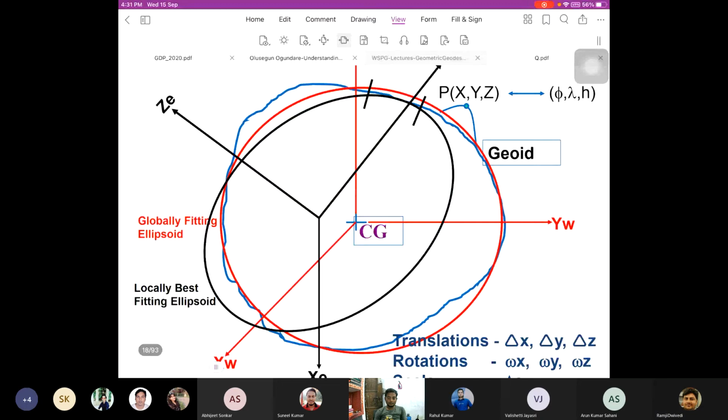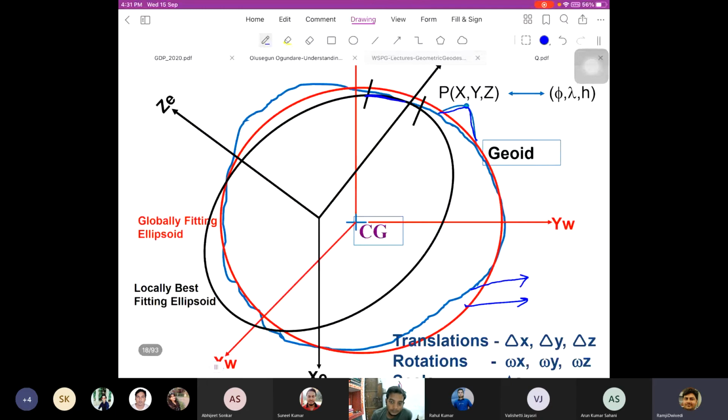So this red one is the ellipsoid, this blue one is your geoid, and this is the topography. Topography is also present, because of which you have to express your points over the surface of topography.